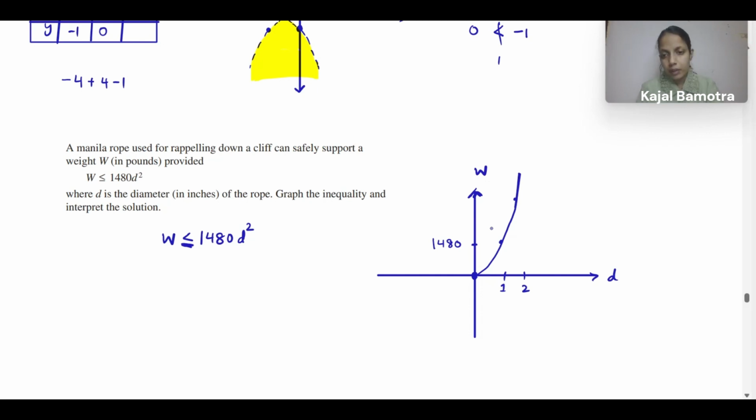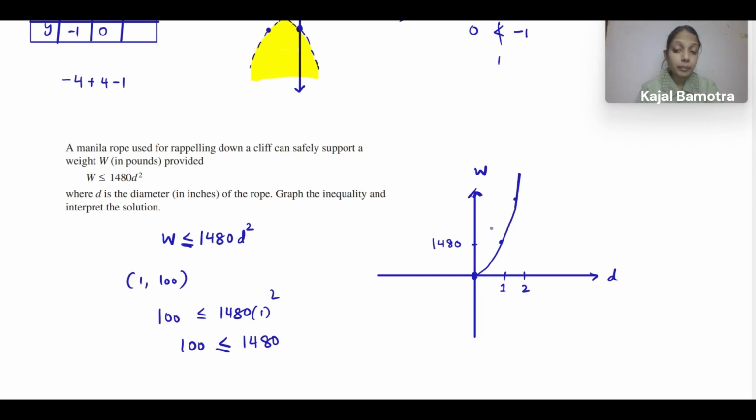Let's see, 1, 100. If that point satisfies the inequality, we have to shade that part only. 100 is the W value. 1 is the D value. Is it true? Yes. 100 is less than or equal to 1480.